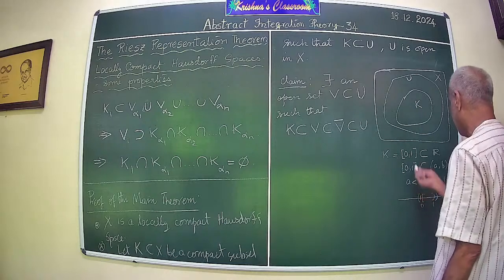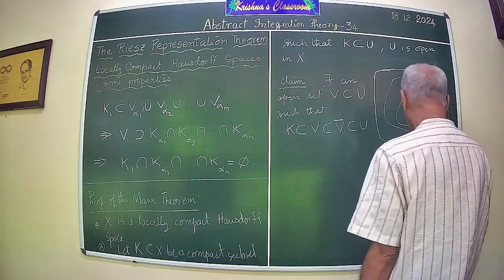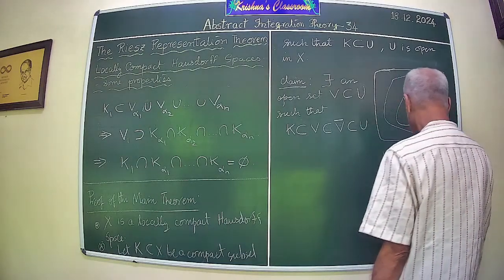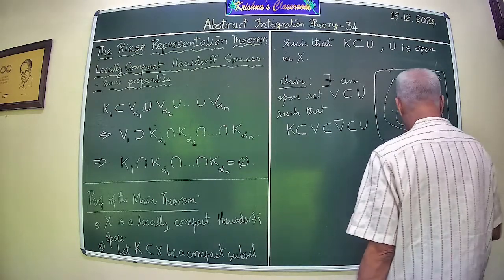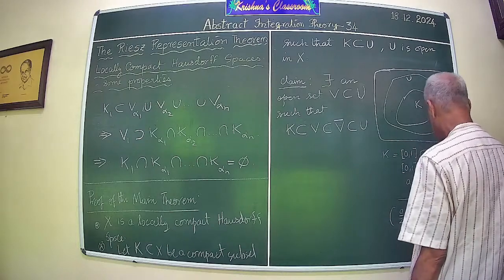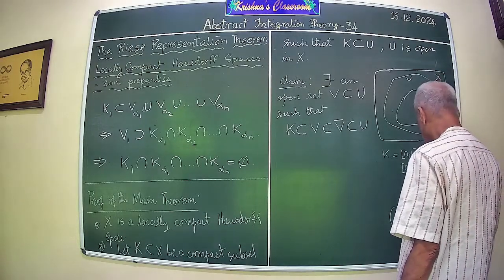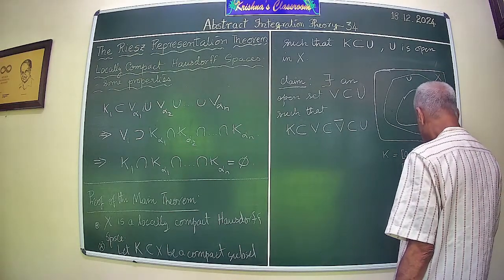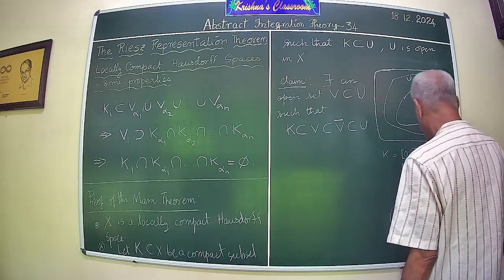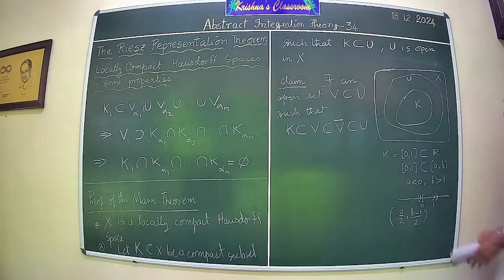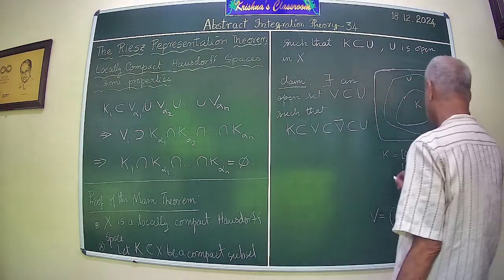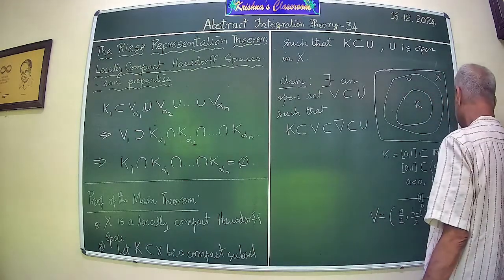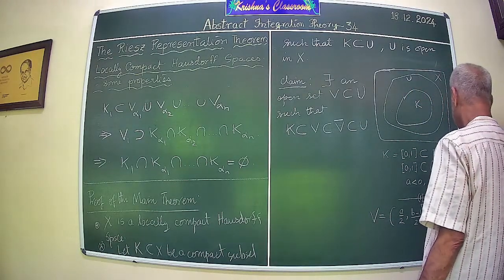For instance, you can take the open set to be (a/2, (b+1)/2). So this is open, and this is V.